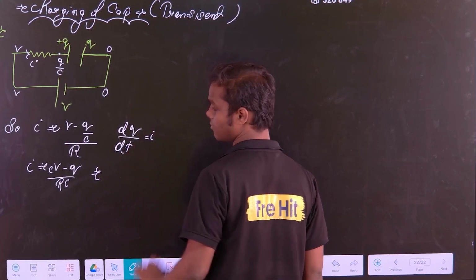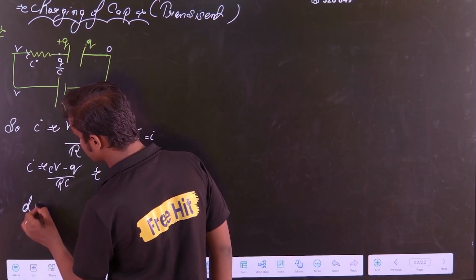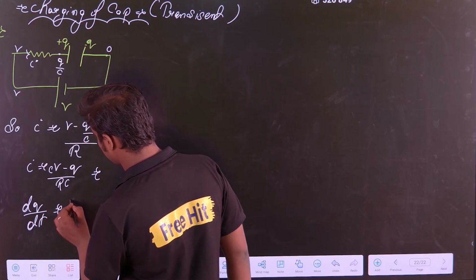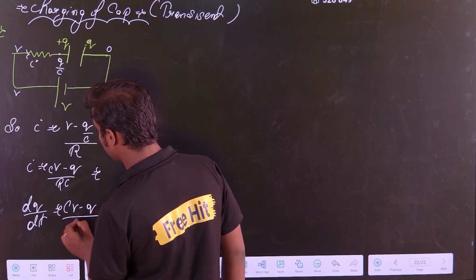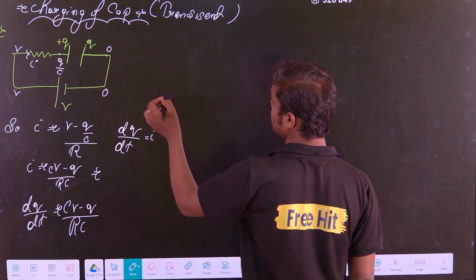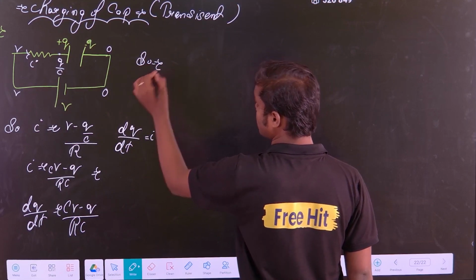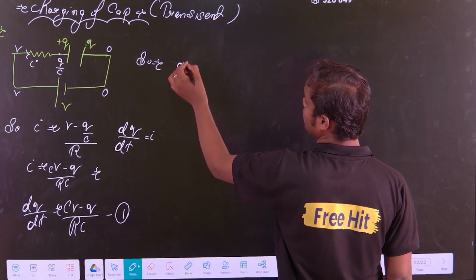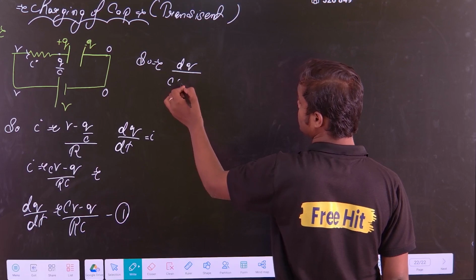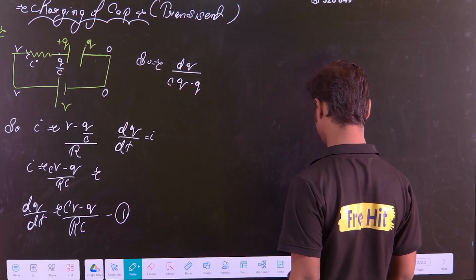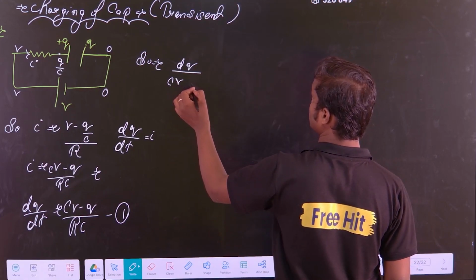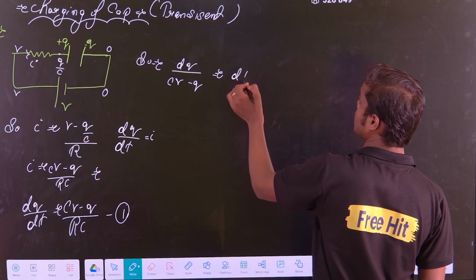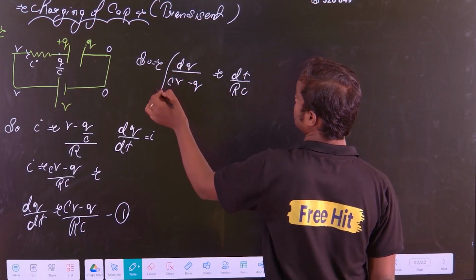So applying this, dq by dt is equal to (CV minus Q) by RC. Let us suppose this is my equation number 1. So we have dq by (CV minus Q) is equal to dt by RC. Now you have to integrate.